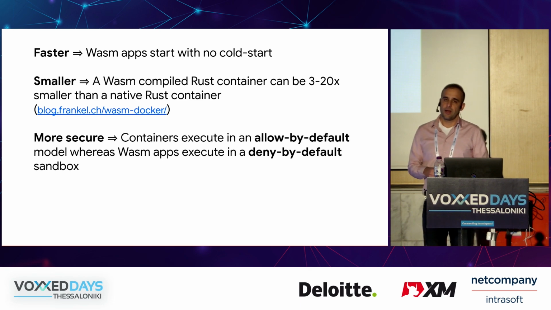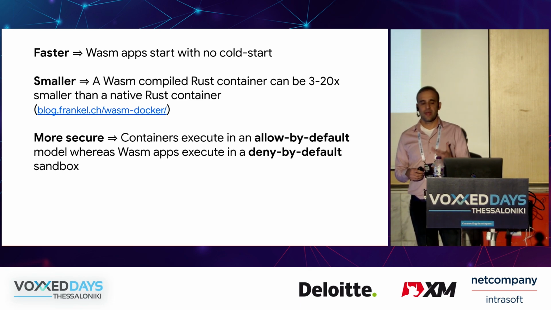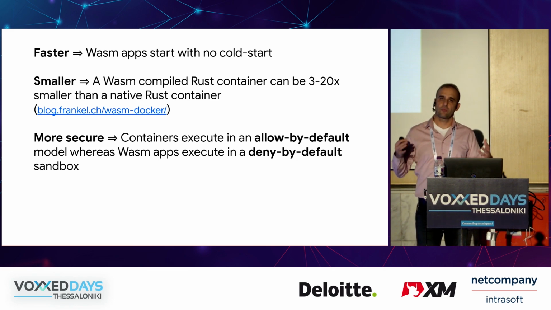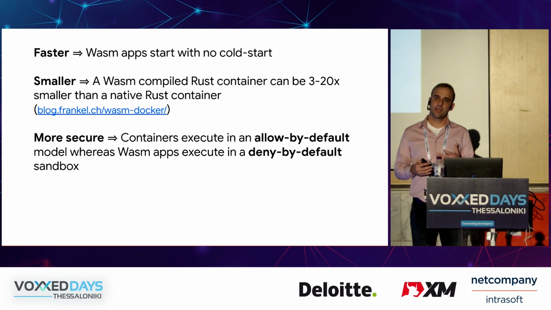More secure. Sometimes we forget that containers execute under an allow-by-default policy, meaning most things are allowed in a container, and you need to disallow them. You need to harden your container. And this makes me really nervous, because every time I am constructing my container, I'm always thinking, is this the most secure container I can have?